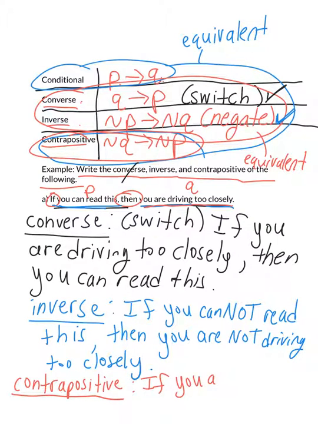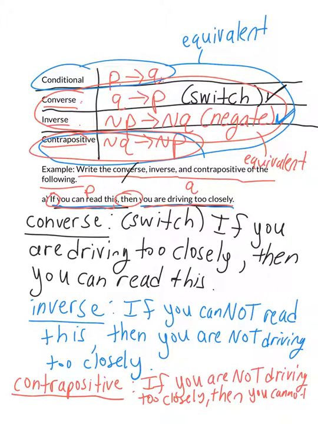So if you are not driving too closely, the then portion, the you can read this moves into the then portion and it becomes you cannot read this. Then you cannot read this.